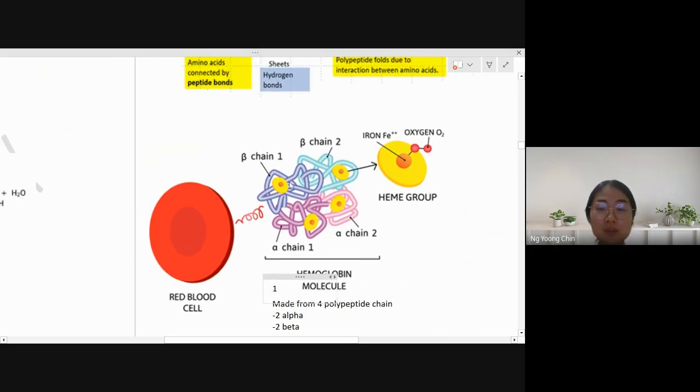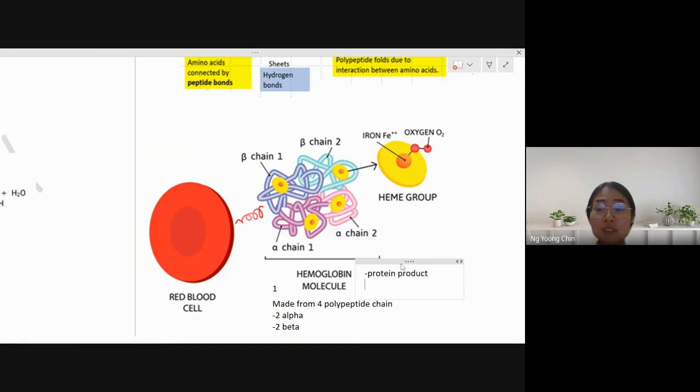And then this yellow colored thing is what we call a non-protein structure, because hemoglobin not only includes the protein part, it also contains a non-protein part.